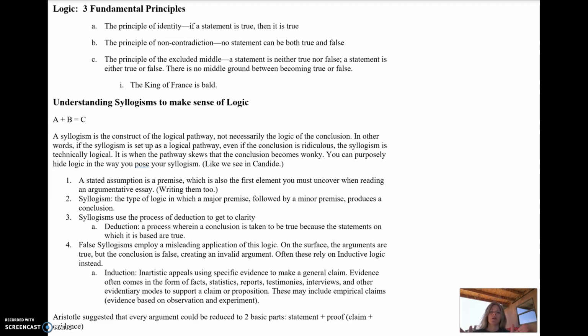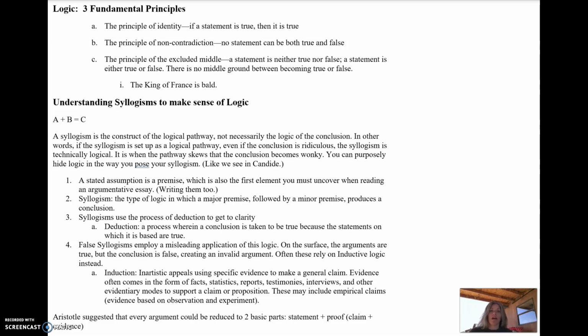But I'm excluding a lot of information there, so I have to decide whether it's either true or false. And so part of it may be true, but I'm leaving out a whole wealth of information, and this is what happens when we get into syllogisms.